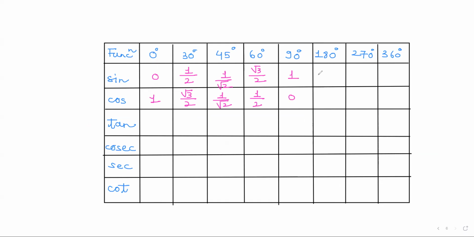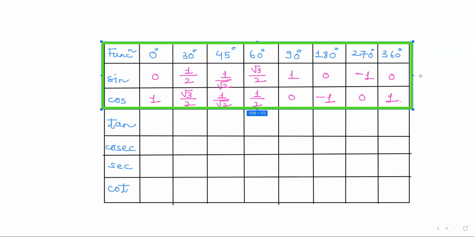This you are not aware of. Sine 180 is 0. Cos 180 is minus 1. Sine 270 is minus 1. Cos 270 is 0. Sine 360 is 0. Cos 360 is 1. So you have to memorize these values, these first three rows of the table. This table is called the trigonometric table.